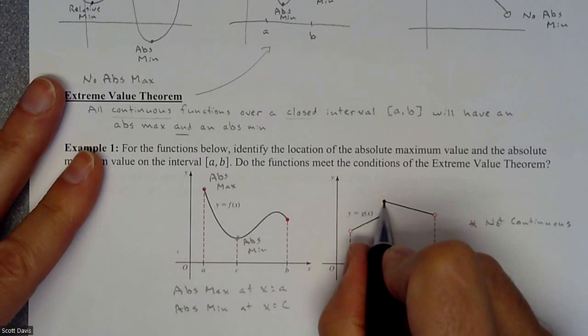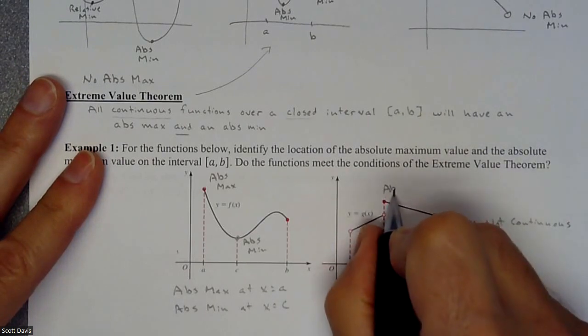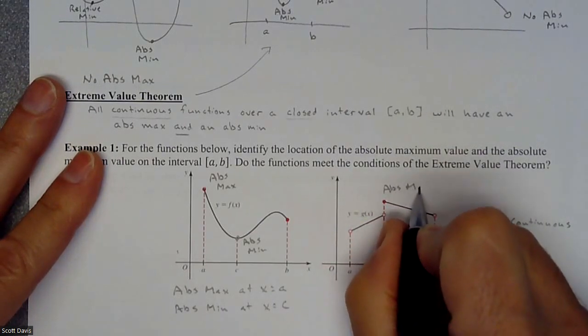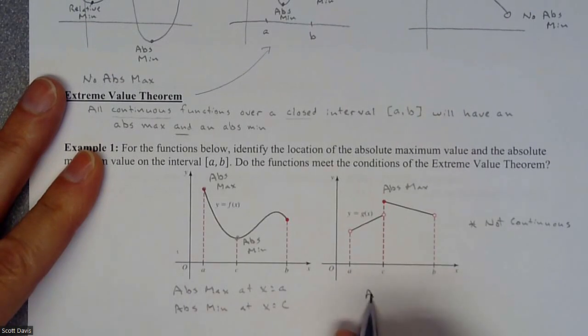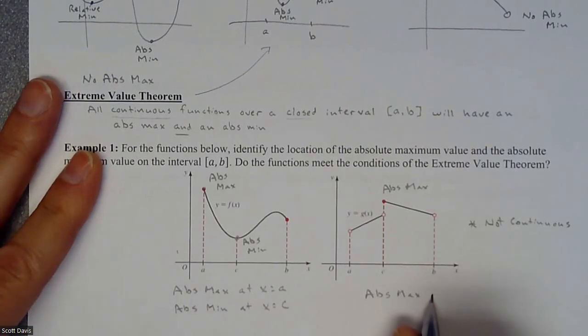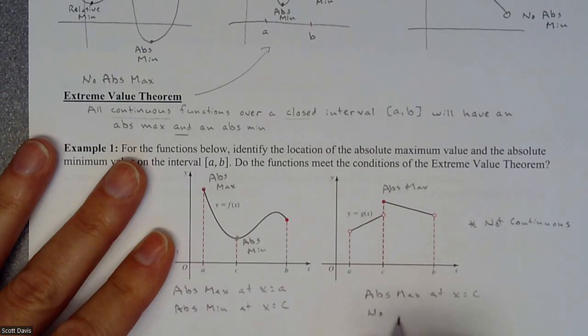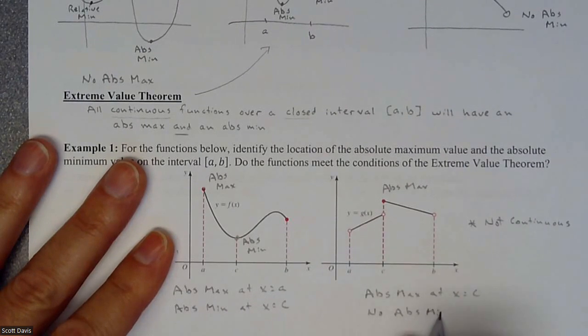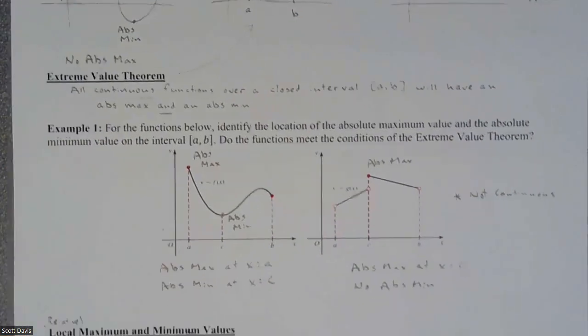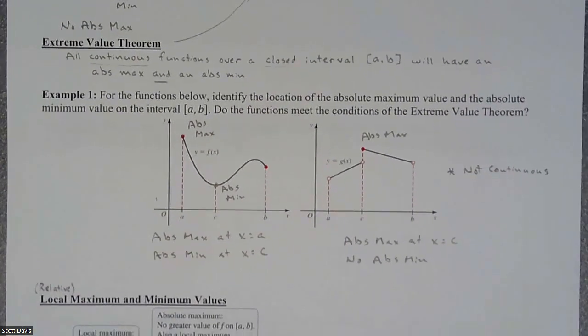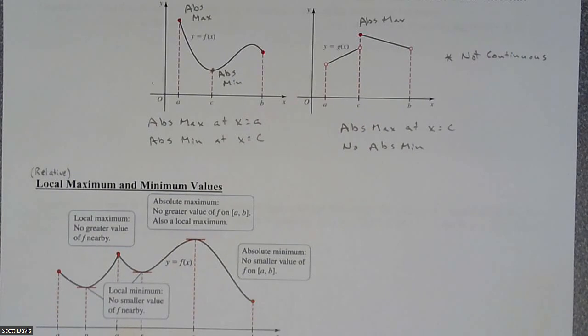So we do have an absolute max at x equals c, but we have no absolute min. It just depends on the situation. All right, so let's look at the last couple real quick.